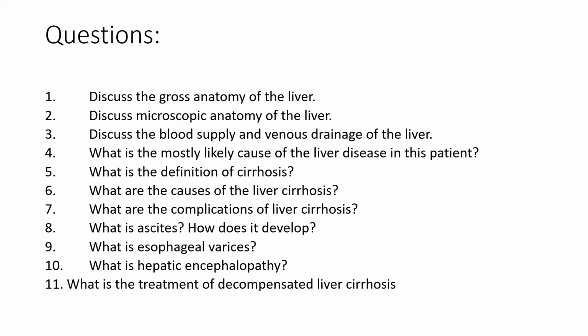When portal hypertension occurs, the blood flow through these veins increases, so they dilate and become tortuous, and they rupture easily. They bleed in 50% of the cases, and 50% of the cases that bleed die from the first bleeding. So half of them bleed, and half of those who bleed die from the first bleed, because of the massive amount of blood lost.